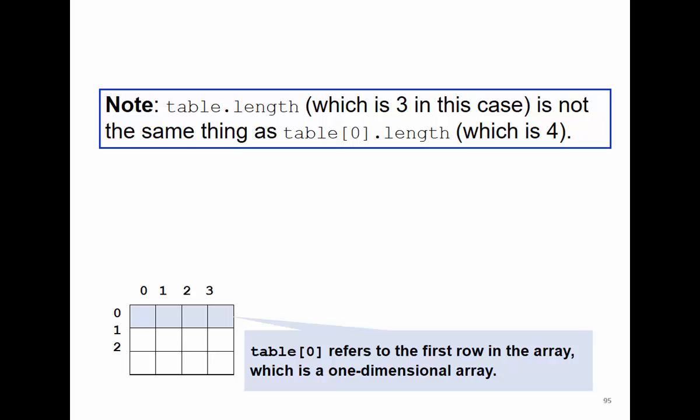So table.length, if you ask like this, will return 3, because table is referring to the array of 3 elements. If you say table[0].length, it will return the row length, which is the number of columns.